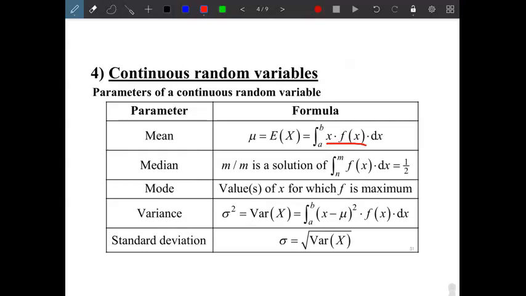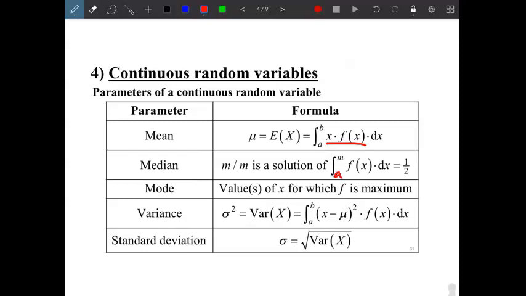While the median, we know that the median is the value of x located at the center of the distribution. When it comes to random variables, the median is the value of the random variable that gives a probability equal to half. So over here, if we're starting the interval between a and b, then the lower bound has to be a.